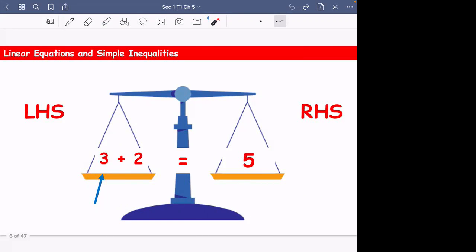So we know that x is 3, right? Now this is an equation because the left is perfectly balanced or equal to the right. That's what makes it an equation.